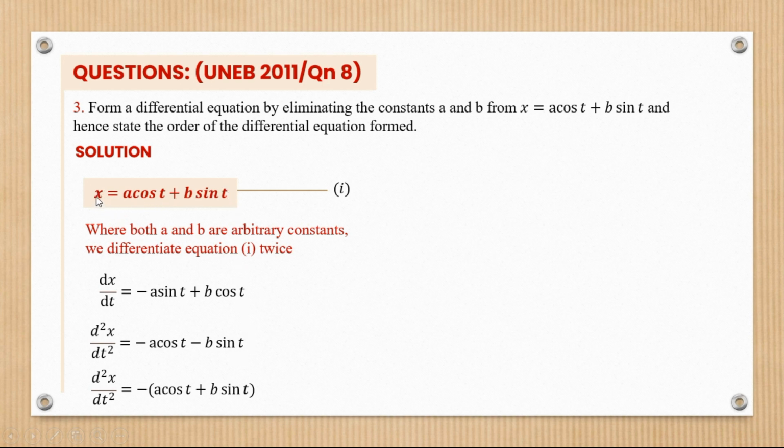So that means I can substitute the value of x to where I have this value right there. So if x is equal to a cos t plus b sin t, our second derivative shall be equal to negative x. And then I can rearrange that, and it will become d squared x over dt squared plus x is equal to 0. And that shall be the differential equation that we were asked to form.